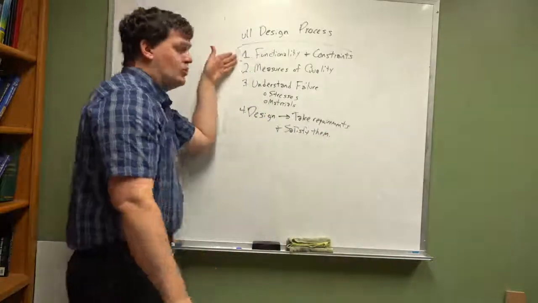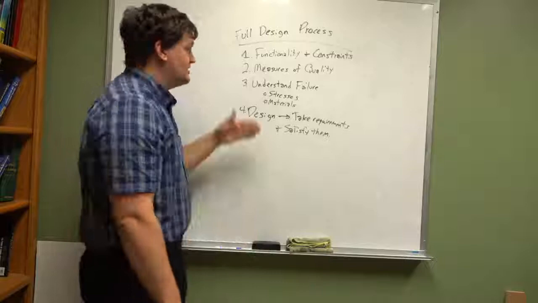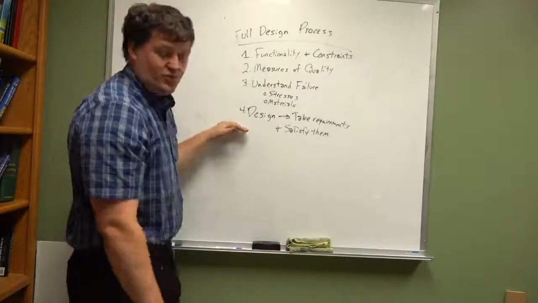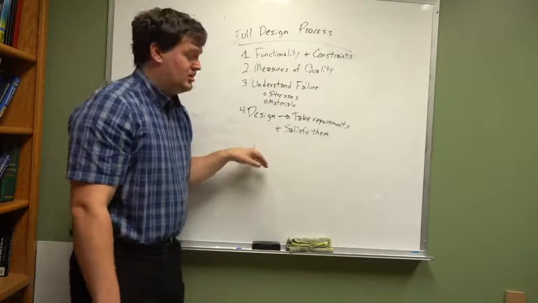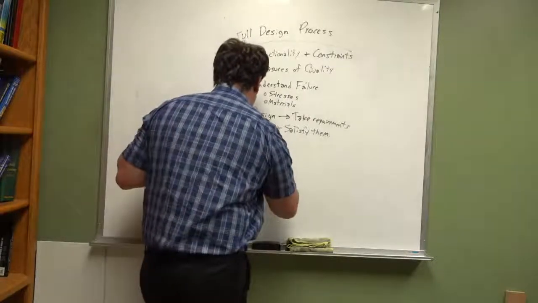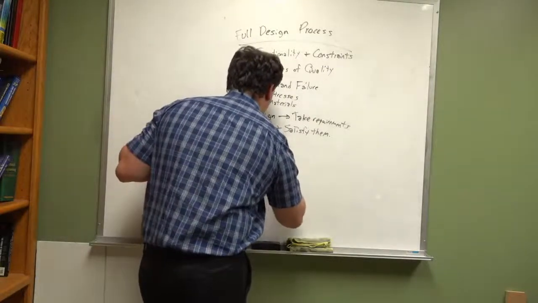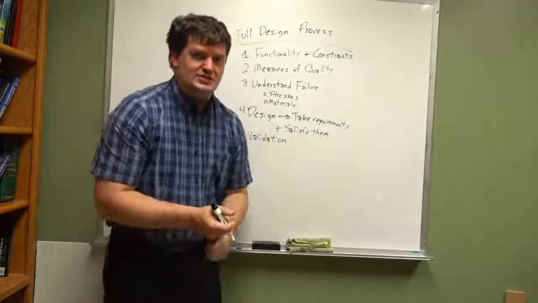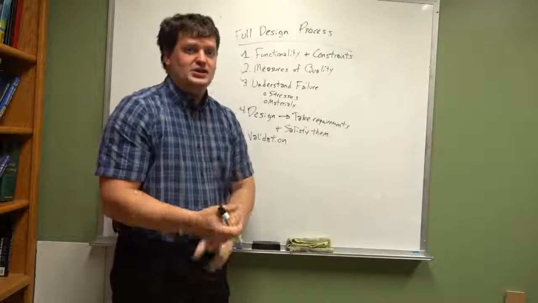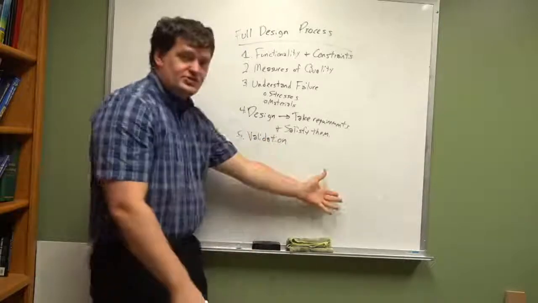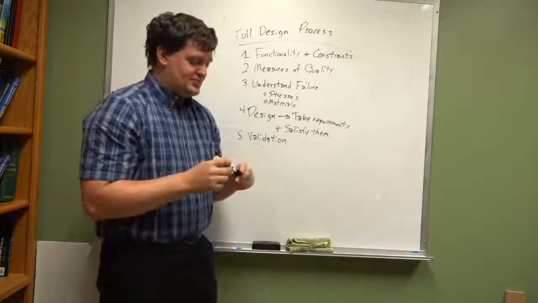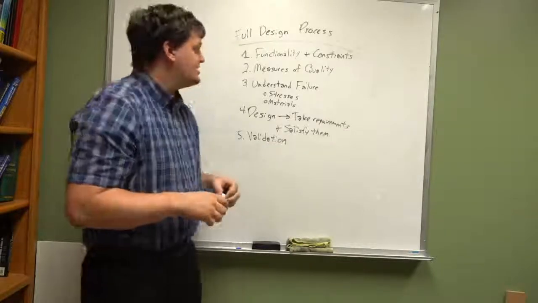You need to know what the component really does, what it looks like, and how it's going to be evaluated before you actually do any design work. Once you've done your design work, this is where you step into validation. This is where you test the stresses, the longevity, the fatigue, you ultimately test your design. Does it work? So this is the design process that we're going to be using in this class.